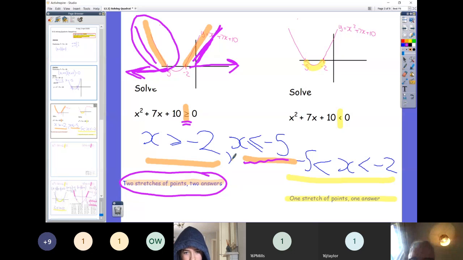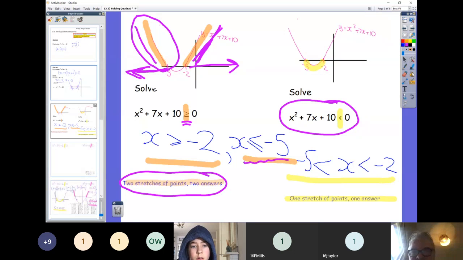Now, however, imagine the question had been different and had said x squared plus 7x plus 10 is less than 0. We then want all the coordinates below the x-axis, so that's all these points here. Now that is a single stretch of points, so we can express that as a single inequality.